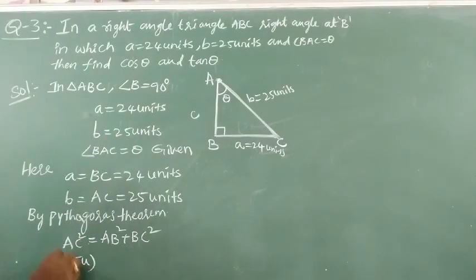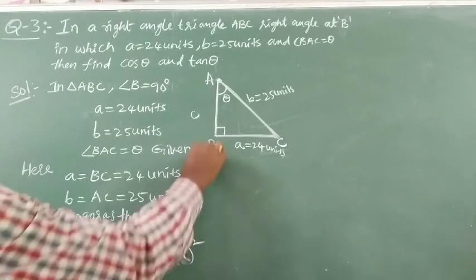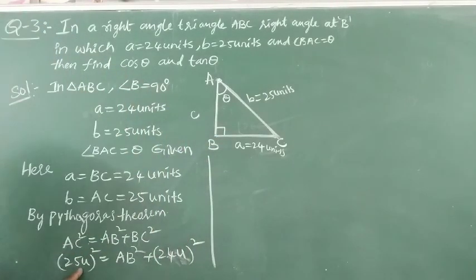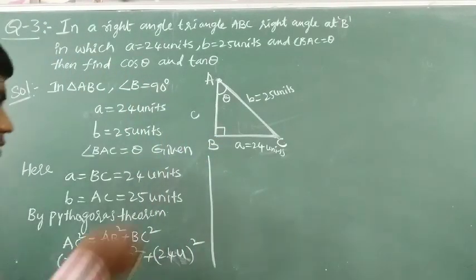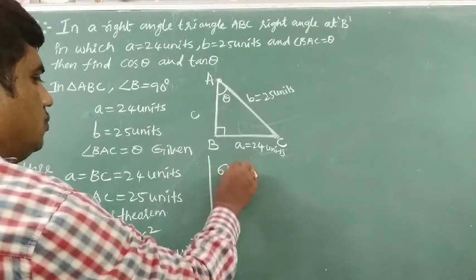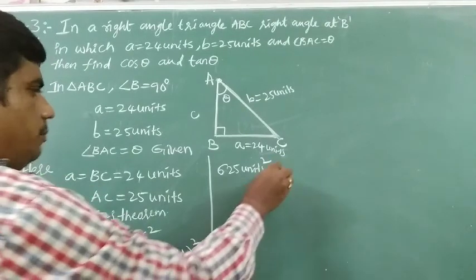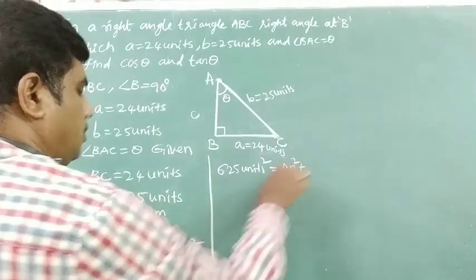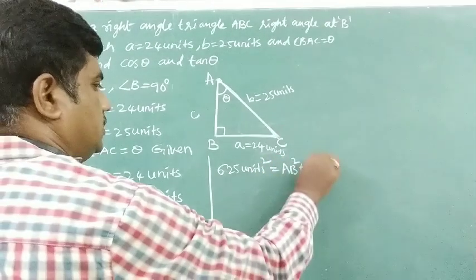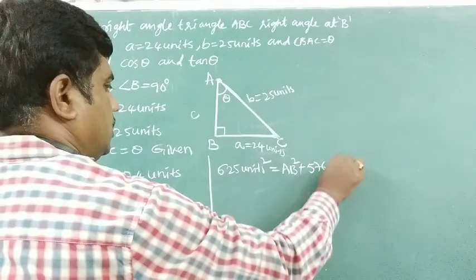So 25 units whole square equals AB square, which we have to find, plus BC square, 24 units whole square. 25 square is 625 units square, equals AB square plus 24 square, which is 576 units square.